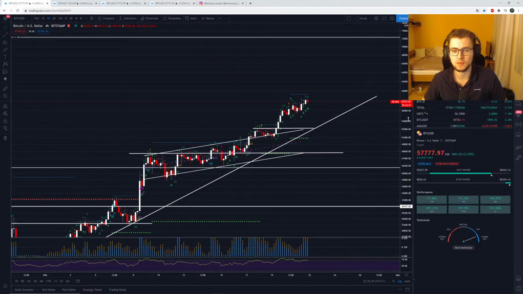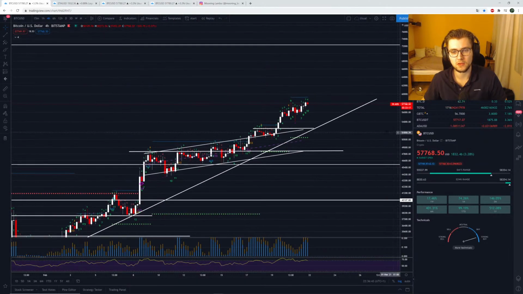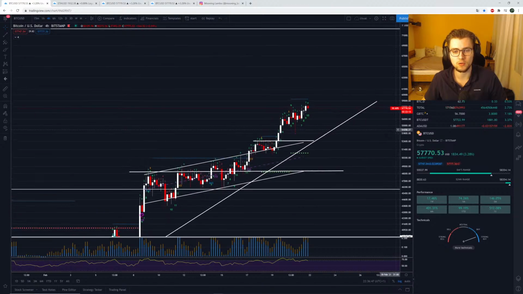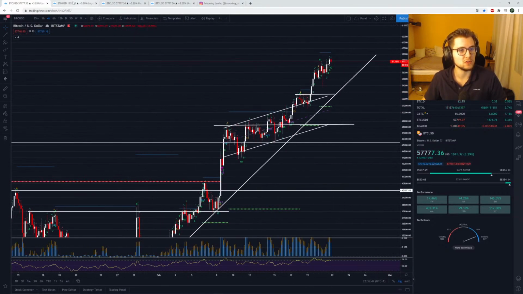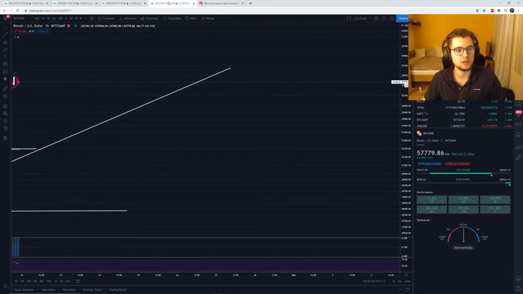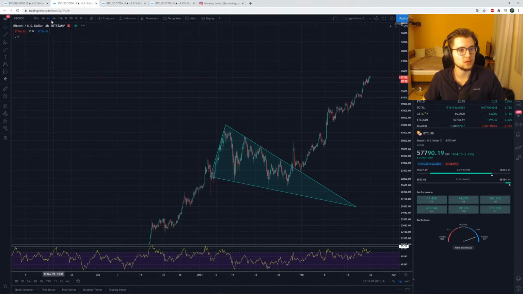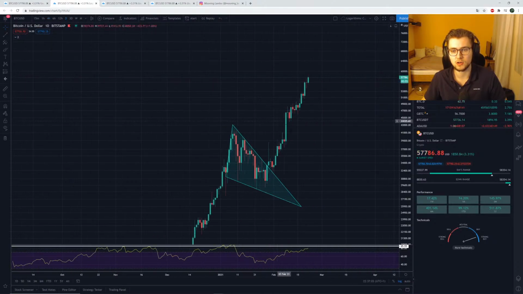I am going to do some naked TA first, so you can expect me to draw a few lines. I already did, so I'm going to actually use my different chart, which I pulled up somewhere. There it is. So I'm going to use here a naked chart with no TA on it.